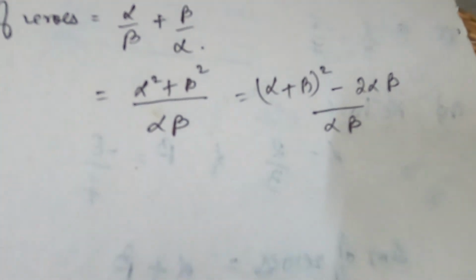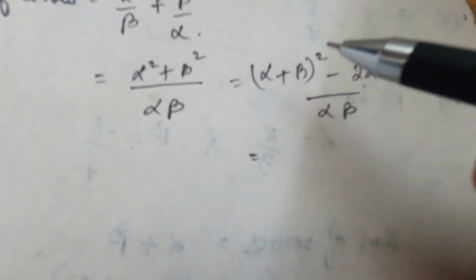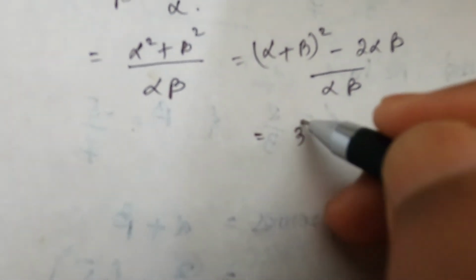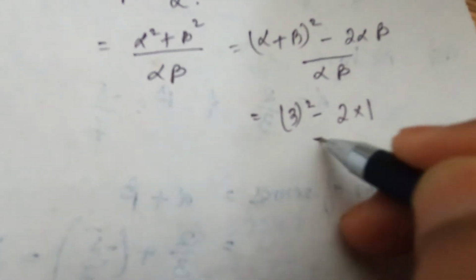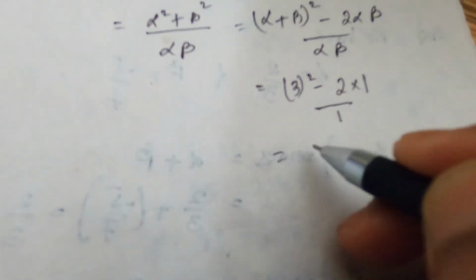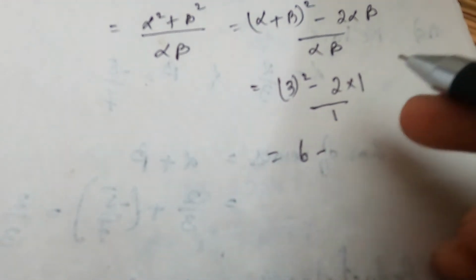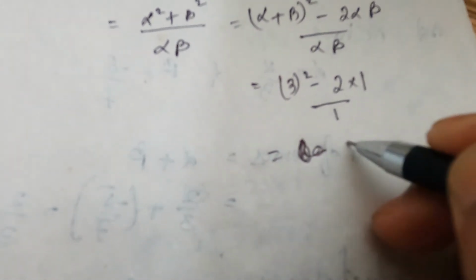All right, so now next what we will do is we will simply substitute the value. So alpha plus beta value will be 3, square, minus 2 alpha beta, which will be 1. So it will be 3 square is 9. All right, 9 minus 2, so it will be 7.